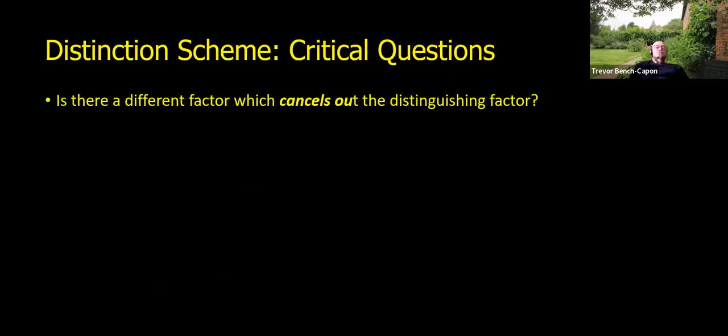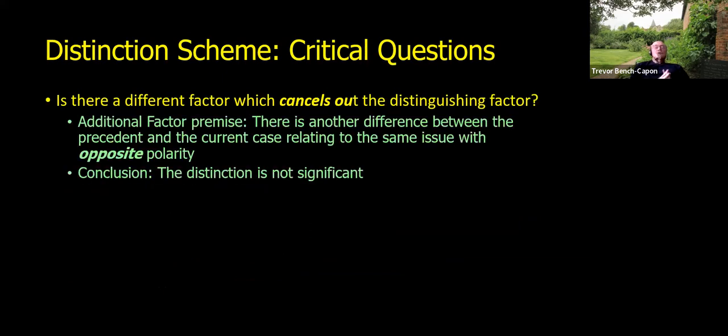So the particular questions to the distinction thing are, firstly, is there a different factor which cancels out the distinguishing factor? So we have an additional factor premise. There's another difference between the present and the current case relating to the same issue, but with the opposite polarity to the original distinction. And from this, we conclude the distinction is not significant.